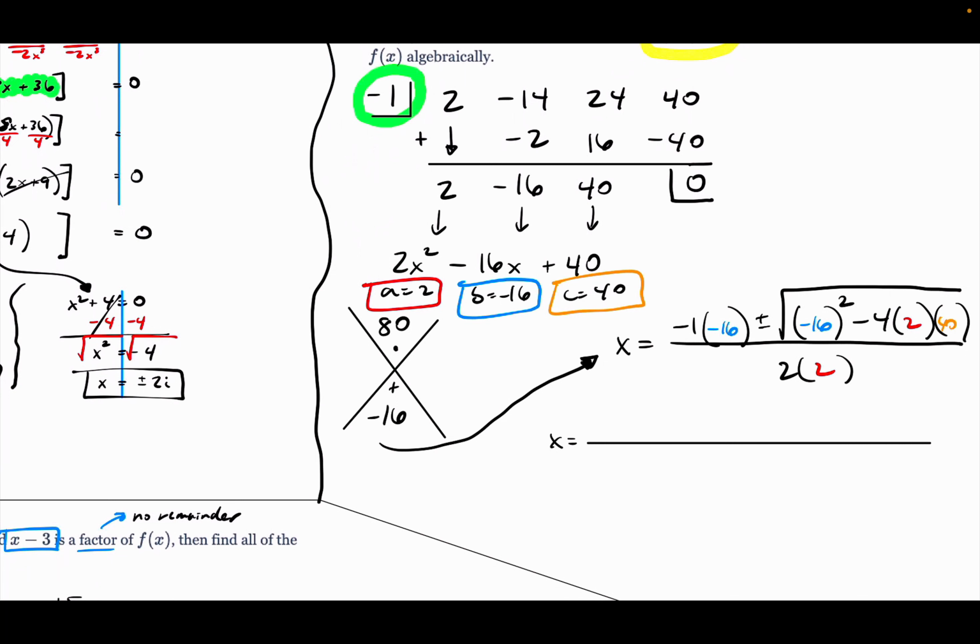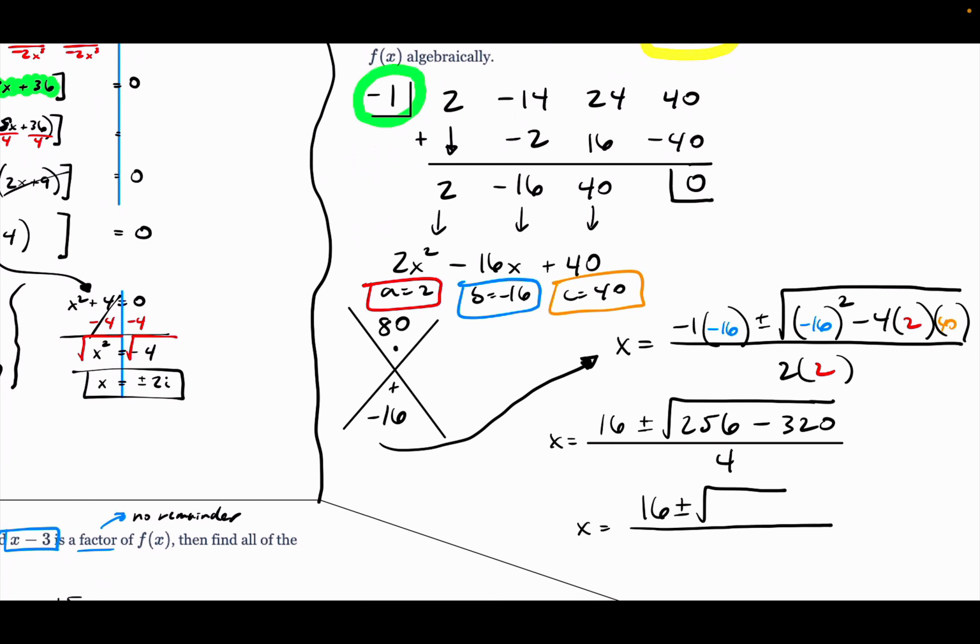So I get +16 plus or minus, 16 times 16 is 256? Yes. 256 minus 320 over 4. 16 plus or minus the square root, and when I subtract those, negative 64 over 4.